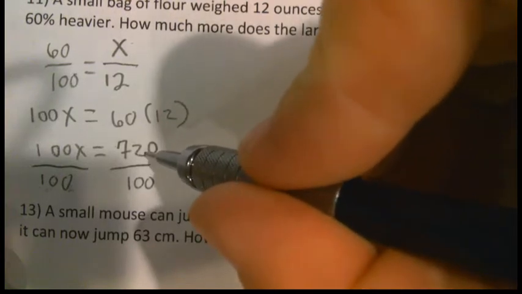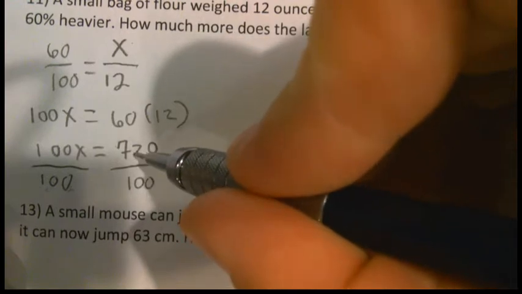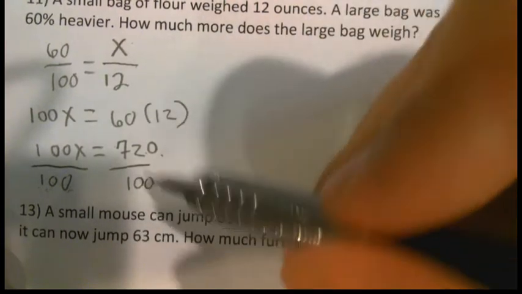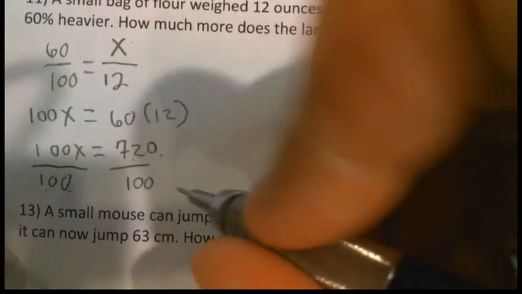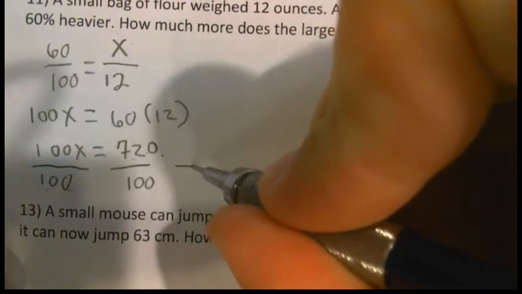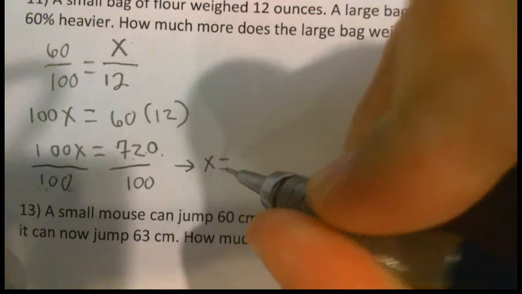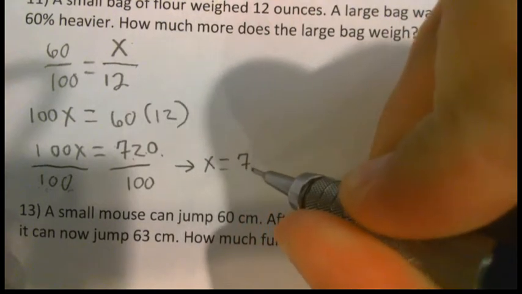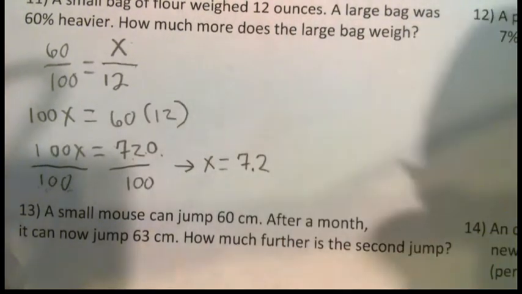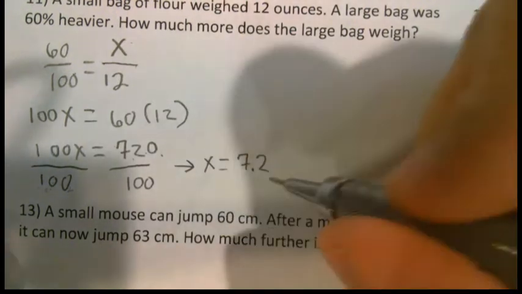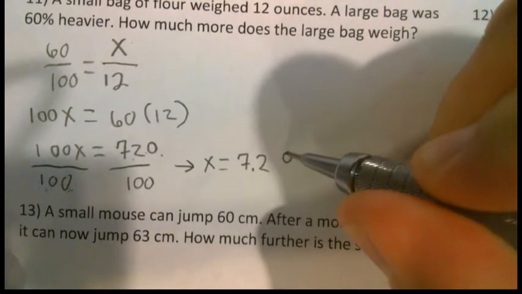So if we move it once, move it twice, after dividing by 100, we'll have 7.2. The 7.2 is in ounces, so we should put the unit.